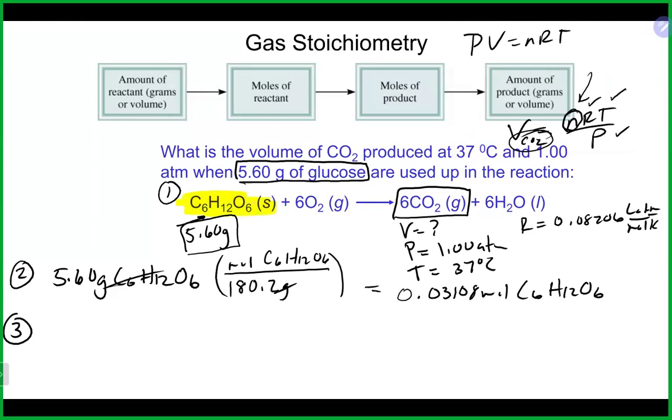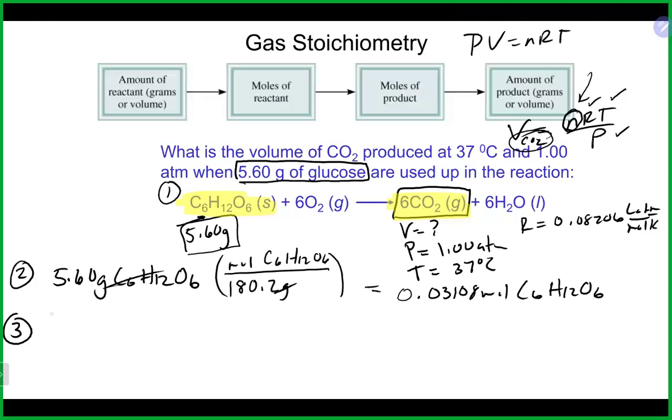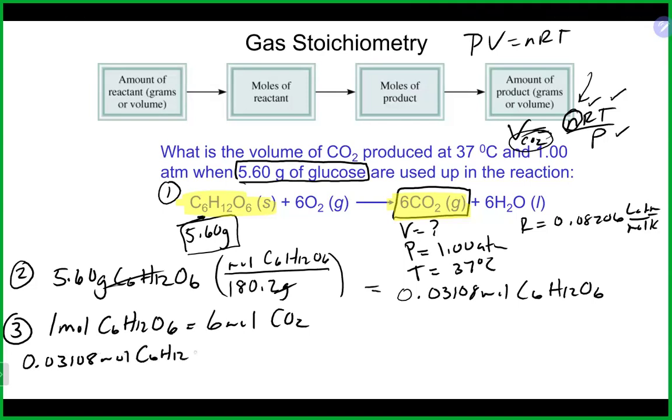If we look at the equation, the mole-to-mole relationship between those two is 1 mole of C6H12O6 gives us 6 moles of CO2. That's what allows us to go from our reactant to our product, which is what we're interested in.